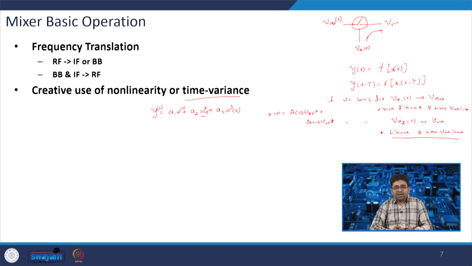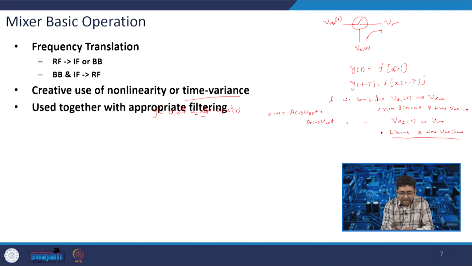So, this is how the basic mixer can be thought of, and it is used together with appropriate filtering. We need to use appropriate filtering in order to filter out either the up converted signal or the down converted signal.